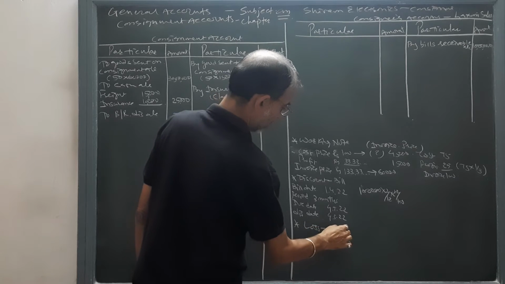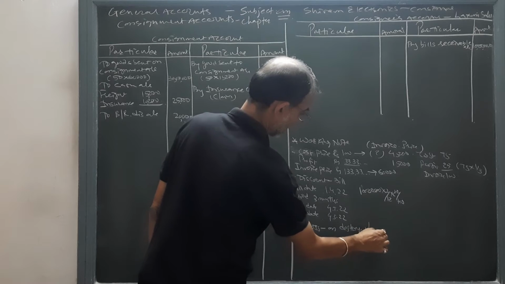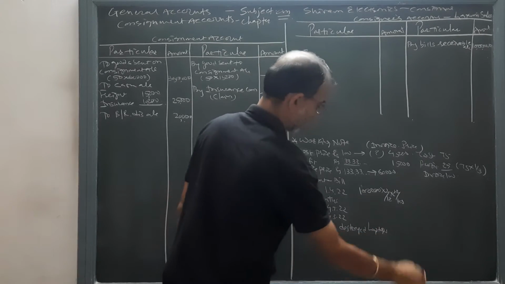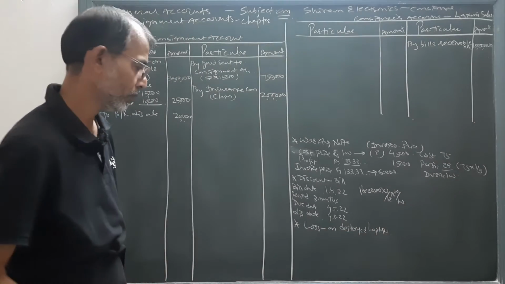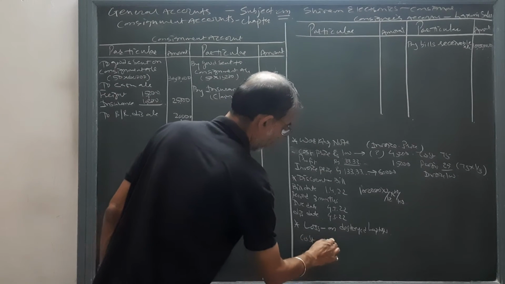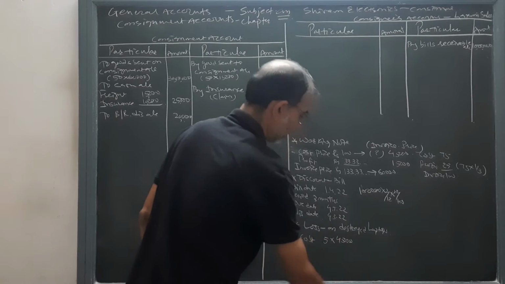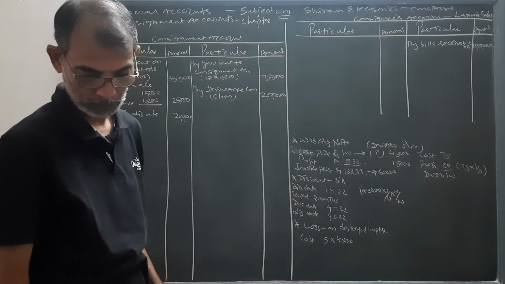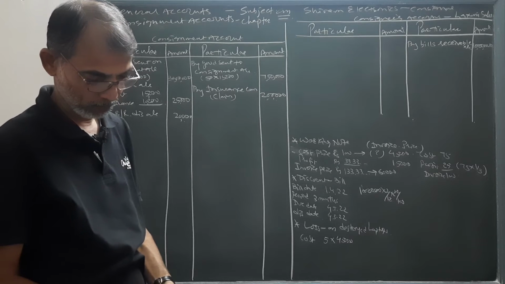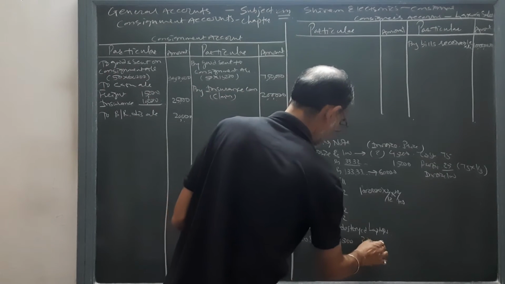Now loss on destroyed laptops. So cost of 5 laptops is 45,000 each, that is 2,25,000.